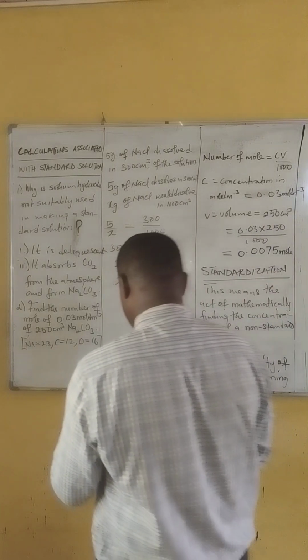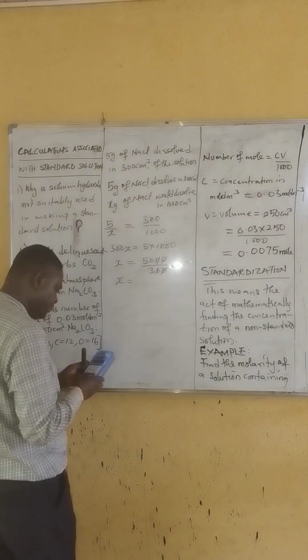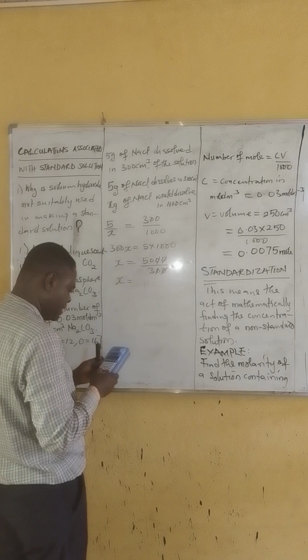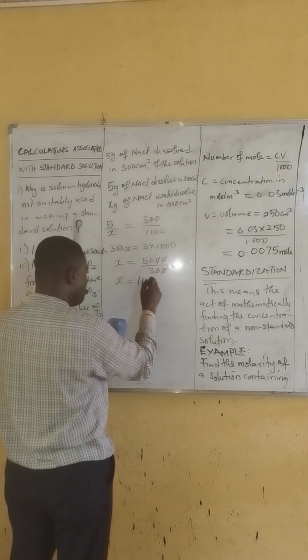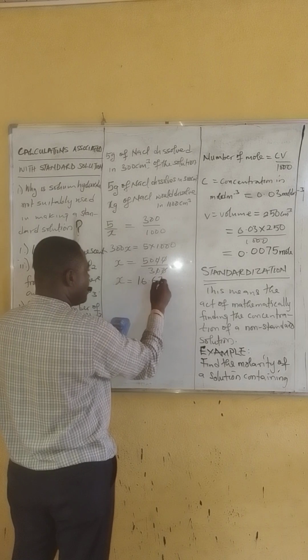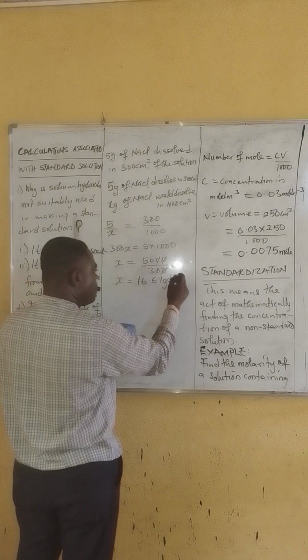So we have 50 divided by 3. Answer is 16.67 gram per dm³.